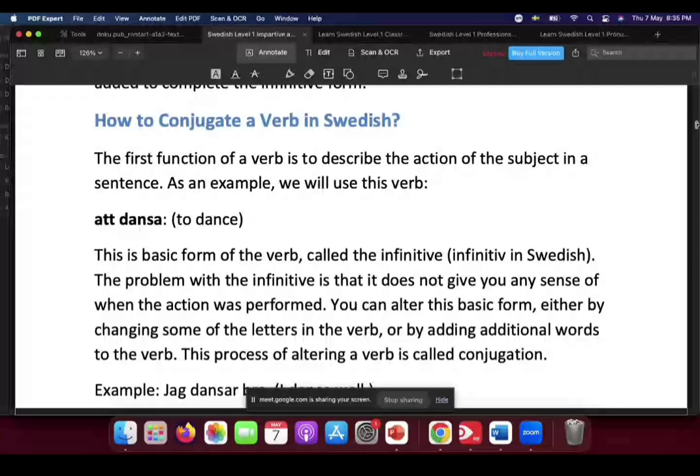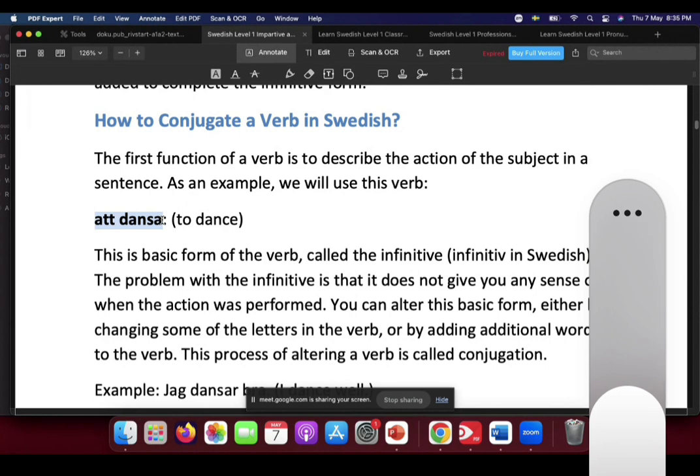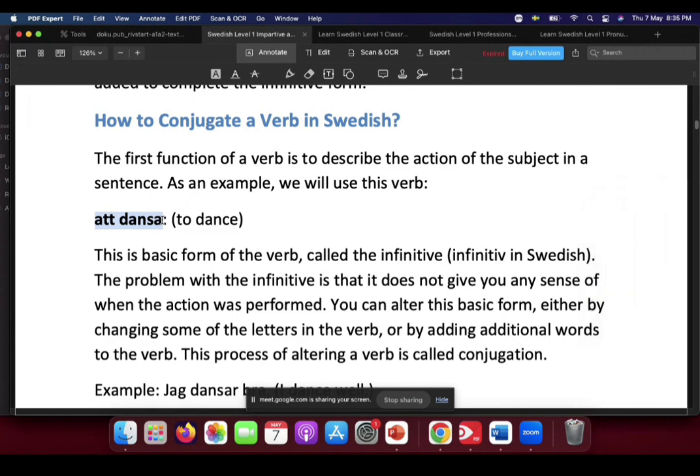How to conjugate a verb in Swedish? You would realize if there is any word that is written with at, we would consider that is the infinitive form of the verb, like at dansa. You cannot use this form in a sentence. You need to conjugate it in present tense or later on in past tense. Right now, we'll just focus on present tense.